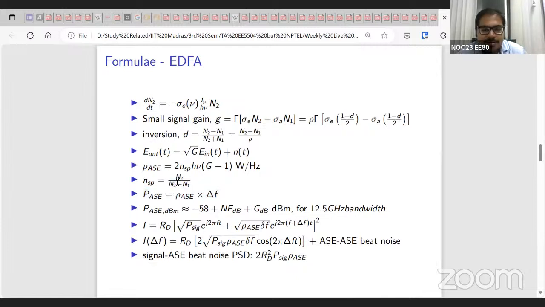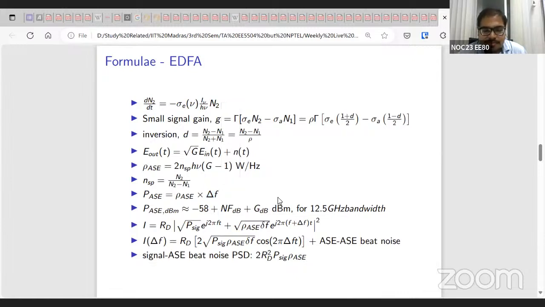Then we also define this NSP used here, and just for some simple calculations, you can also use this ASE noise power. You can find out using this expression, which basically is just application of this, where delta F we have defined to be 12.5 gigahertz, 0.1 nanometer.